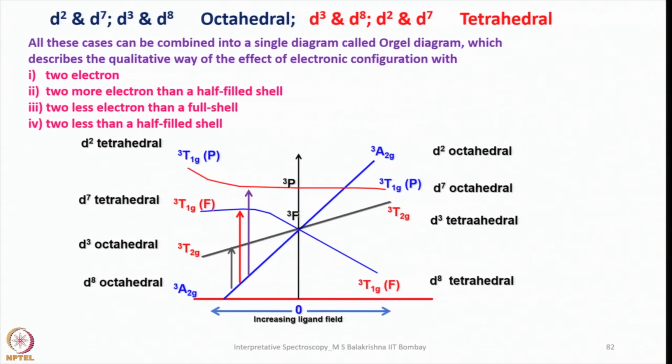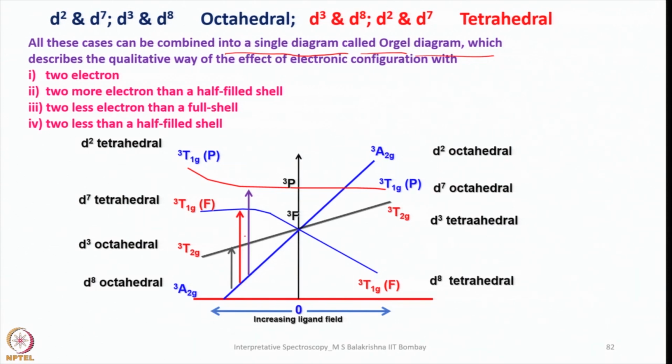So here all these cases can be conveniently combined into a single diagram, again called an Orgel diagram, which describes in a qualitative way the effect of electronic configuration with 2 more electrons than a half-filled subshell, 2 less electrons than a full shell, and 2 less than a half-filled shell. So that basically covers all, and this is how you can write a typical Orgel diagram. It consists of d2, d7, d3, d8 electronic configurations for both octahedral as well as tetrahedral complexes in this fashion here.